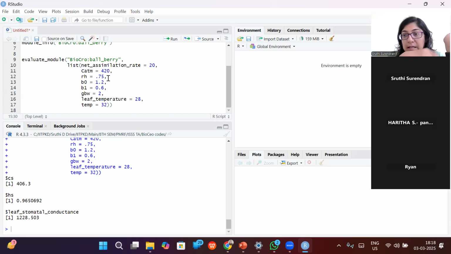The impact of stomatal conductance can be utilized during the estimation of FVCB parameters, and the FVCB parameters in the FVCB model can also be utilized by the Ballberry equation. This is why those two modules are coupled with each other.